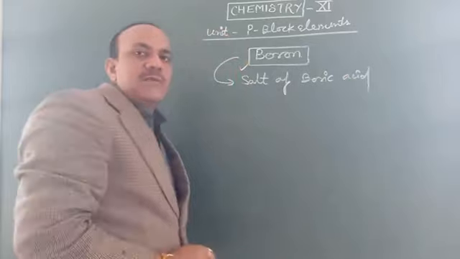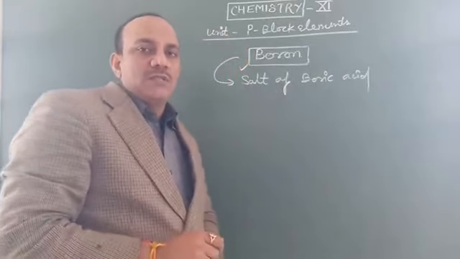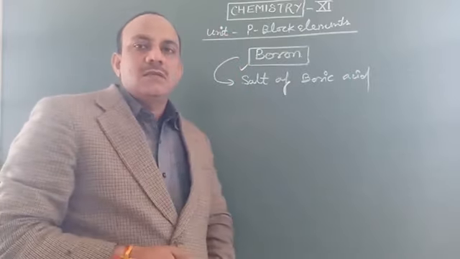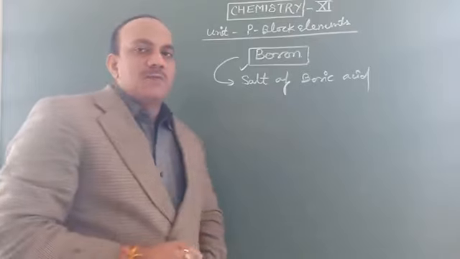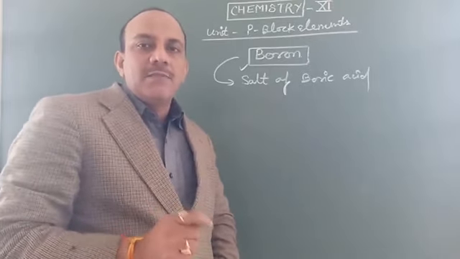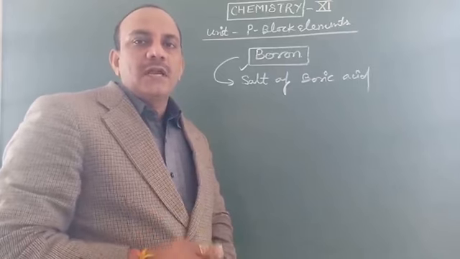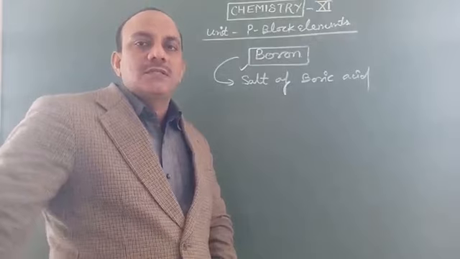Here first we discussed which types of ores or minerals are present in nature in which boron is present. Then we discussed the formation methods and their chemical reactions, their chemical and physical properties, and then their uses.